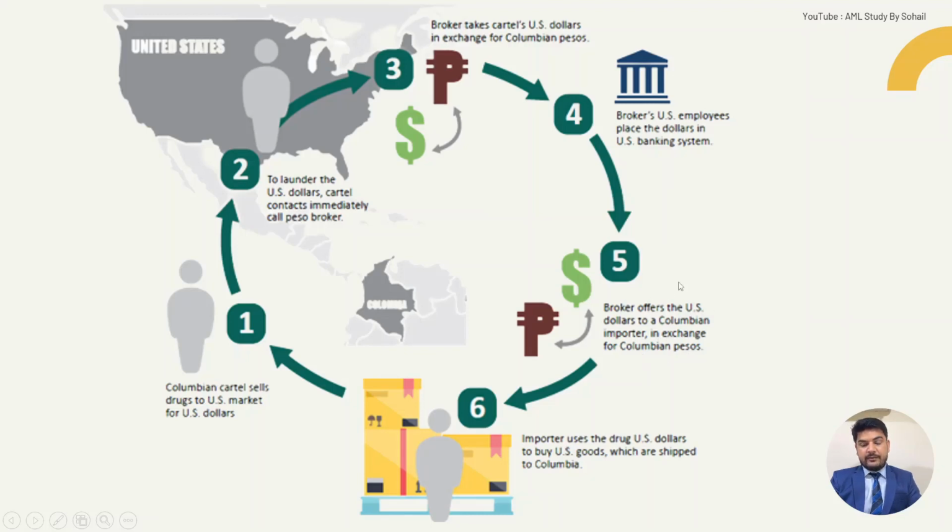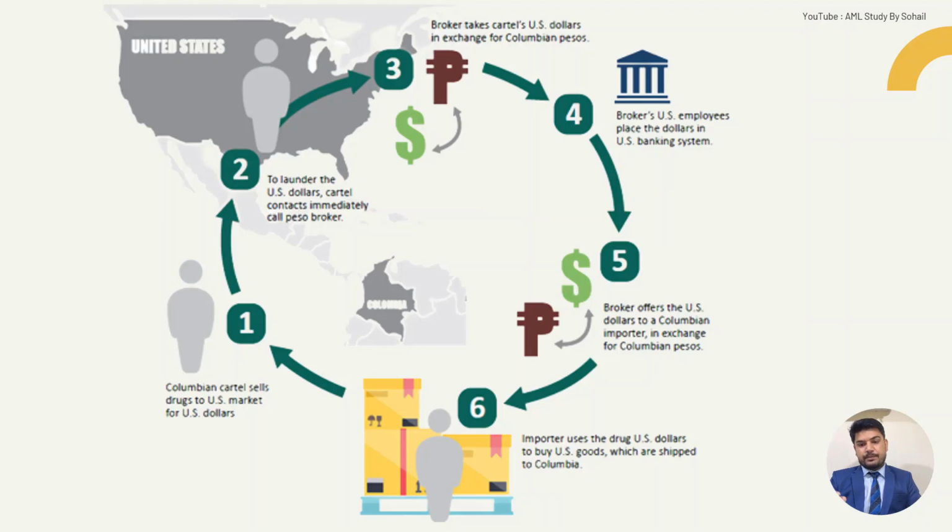Once a trader is involved in this money, they can easily launder their money, because the Colombian importer wants to pay for products in the USA, and they will pay in USD.